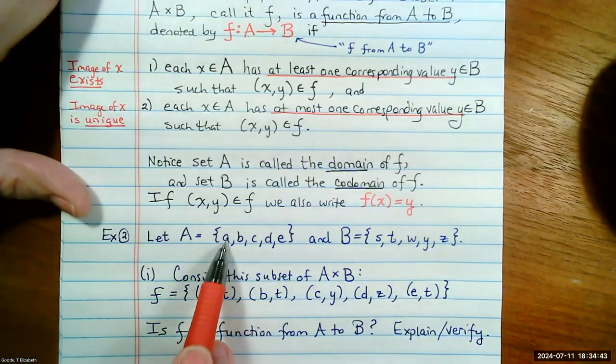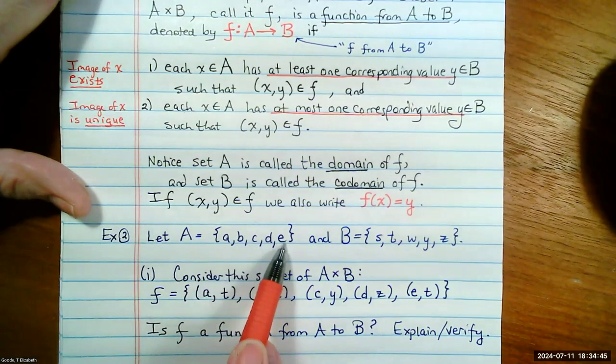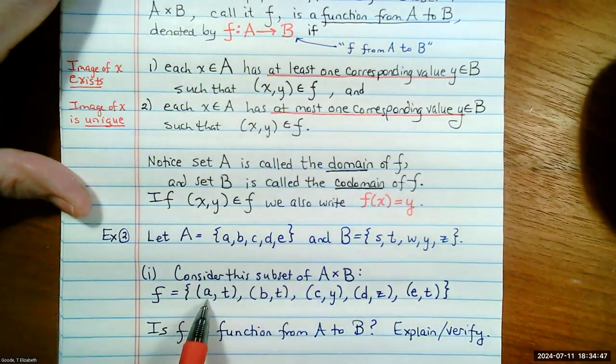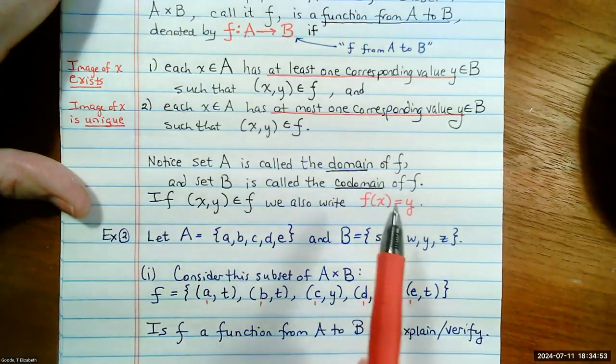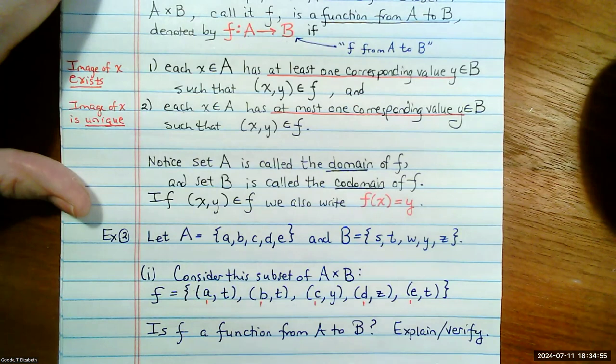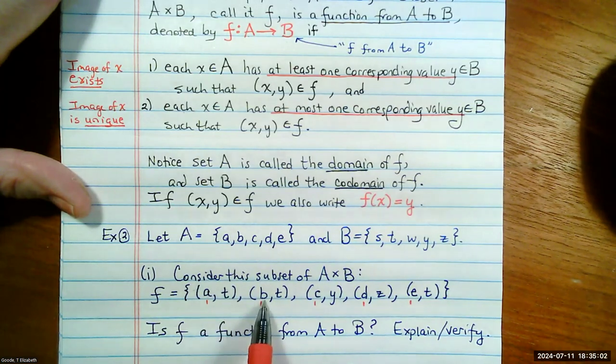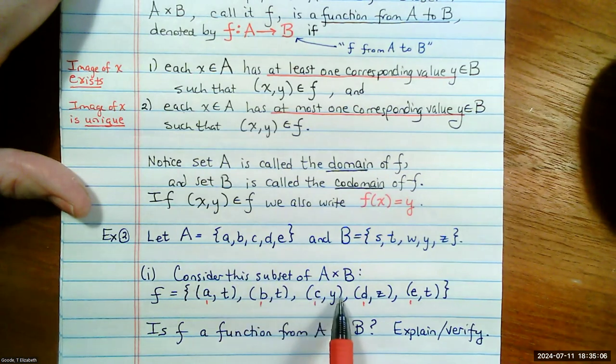So let's check these elements of A. They're appearing as the first coordinates. Let's make sure each one of those is paired up with exactly one element from B. Well, a has one image, namely little t. b has one partner, little t. c has one function value, y.